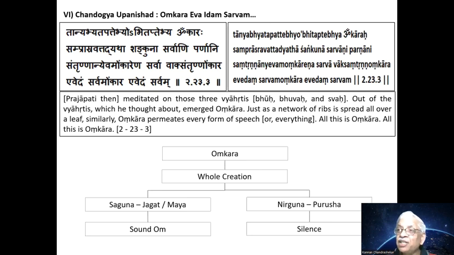What is that real nature? Nirguna Purusha. If you meditate like this, you are bound to be with yourself.